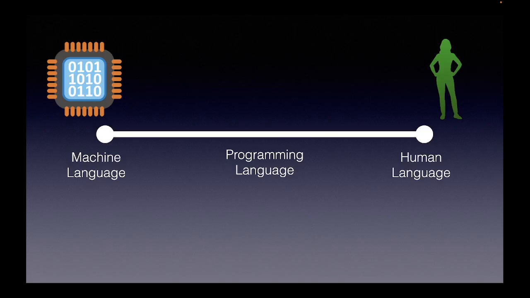It's something that is easier for a human to learn than machine language, but it's also something that a computer can convert into machine language so that it can run it on a really basic level. You've almost certainly heard of some computer programming languages. Java and Python are pretty well known, JavaScript, C++.